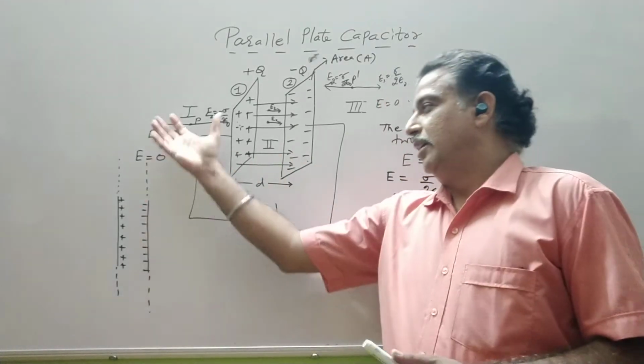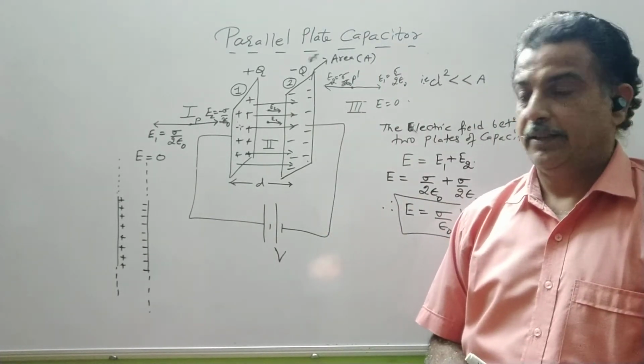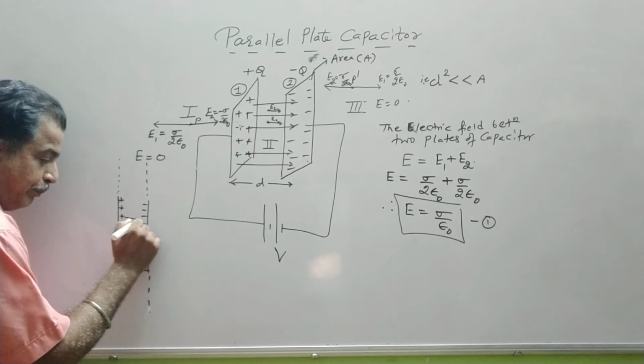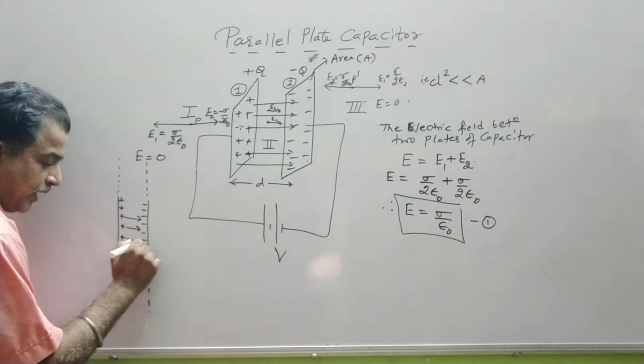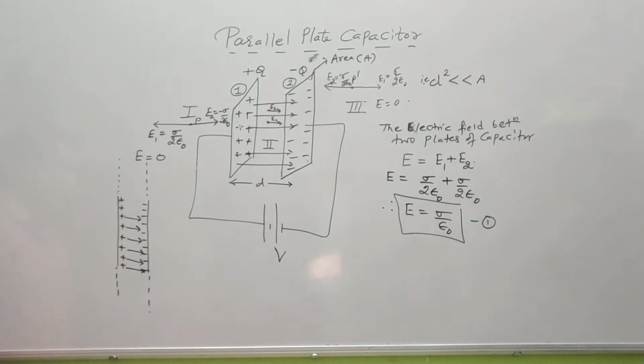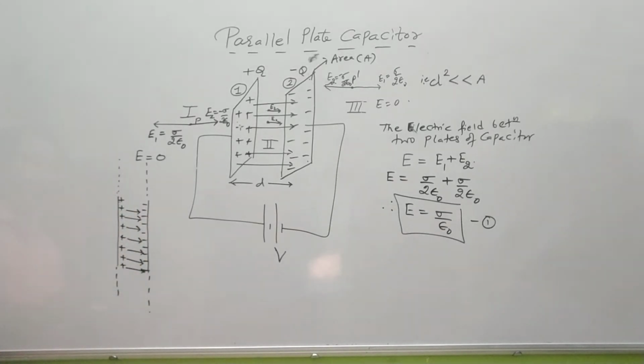So if these two plates are infinite, then the electric field intensity between the two plates is found to be uniform.